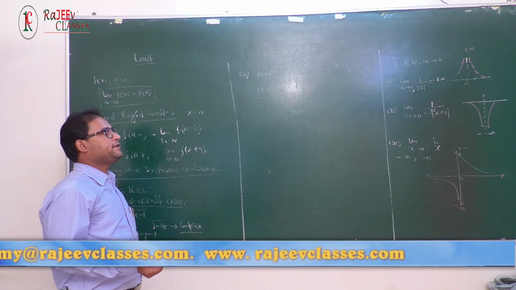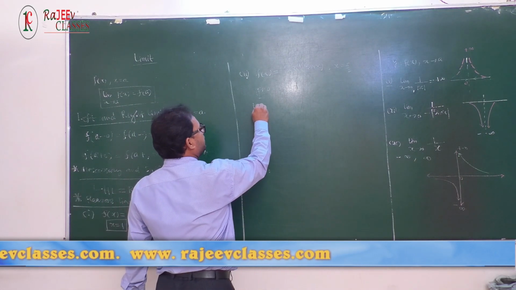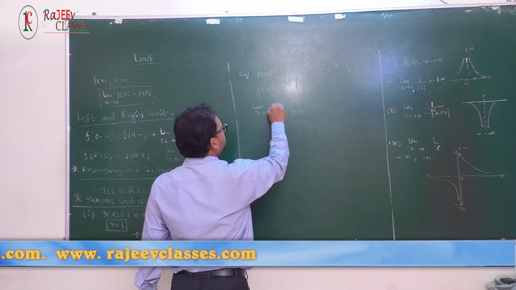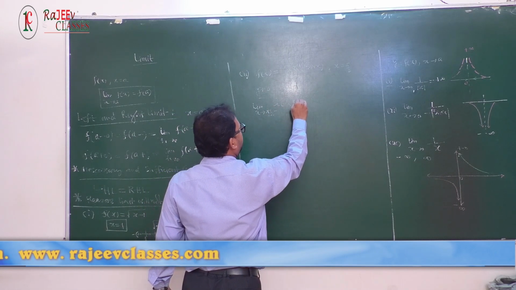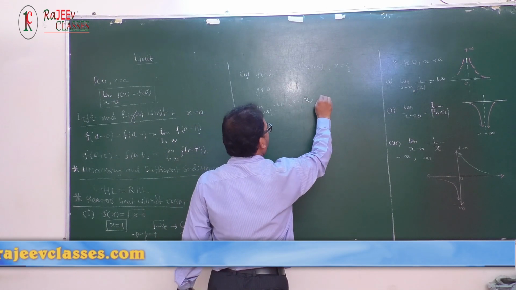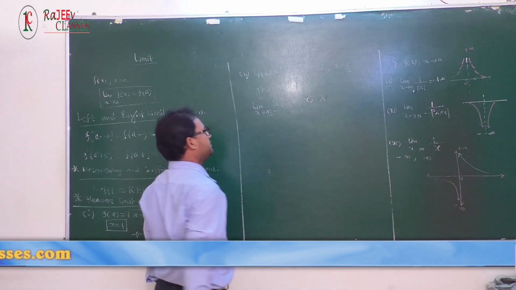In that case again it is sec inverse of some quantity which is less than 1, again sec inverse is not defined. That means when we take the limit x tends to pi by 2 minus of sec inverse of sin x, it will not exist. You can say that it does not exist.